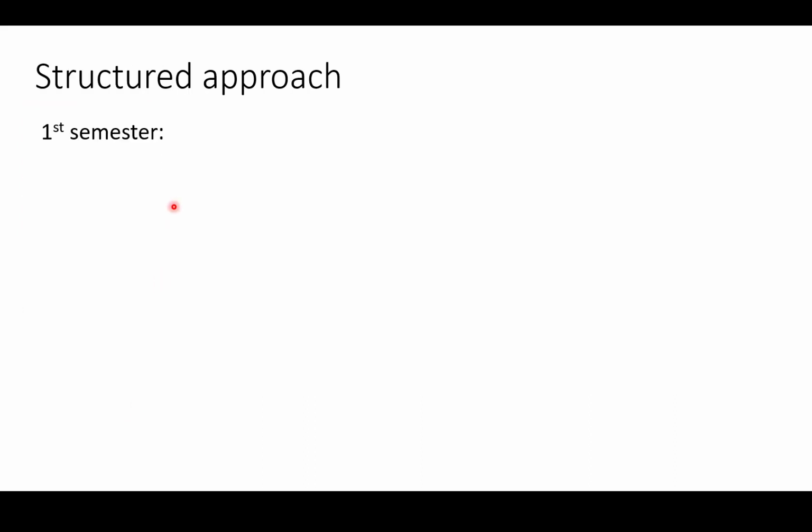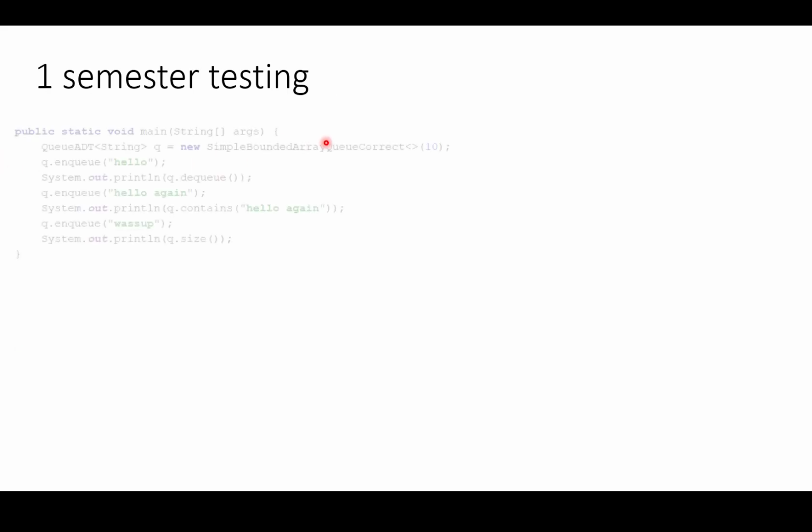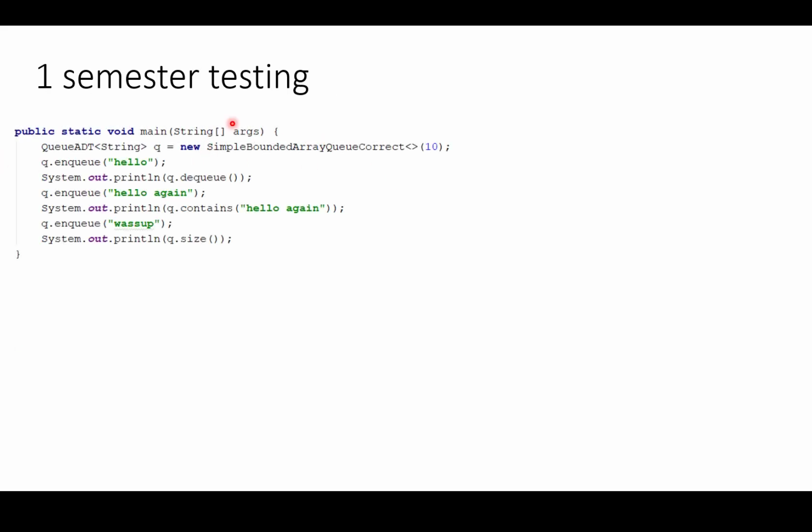So in your first semester, your approach to testing, what I see most is some kind of main method. In my case here, I'm testing a queue, which we'll do later on.